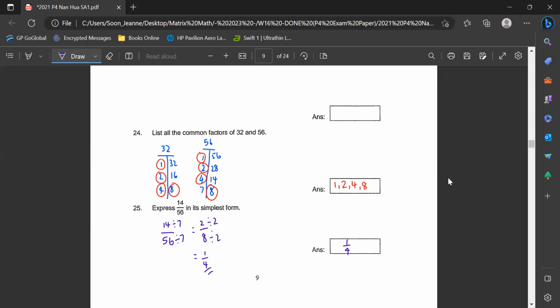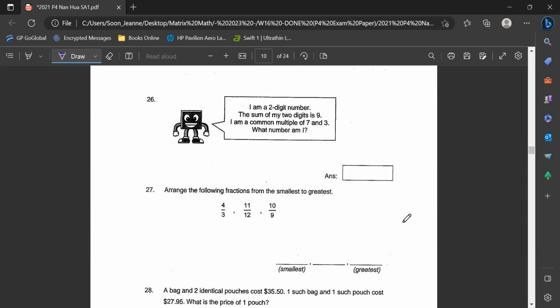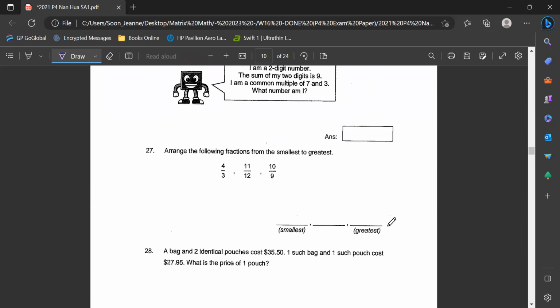Understand? Okay, the next question I'm going to go to is question 27. It says to arrange the fractions from the smallest to the greatest. The first and the last fractions are improper fractions.